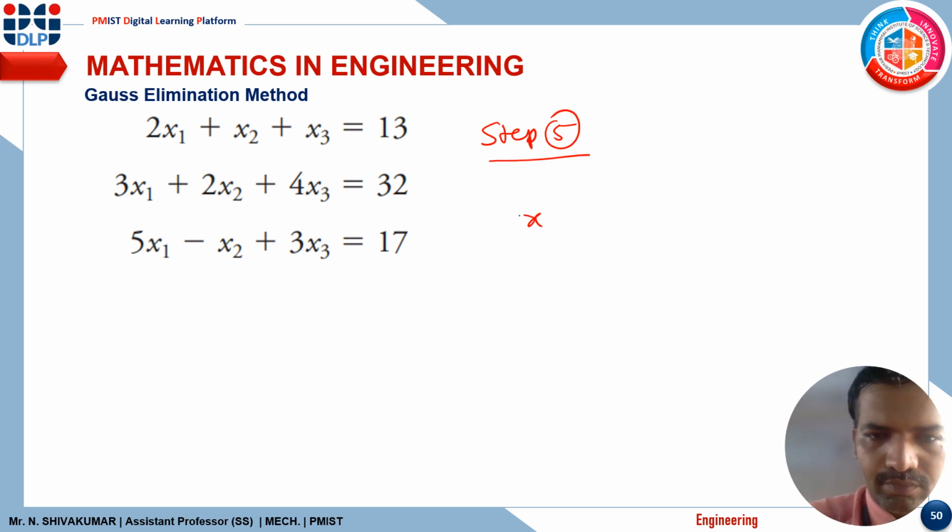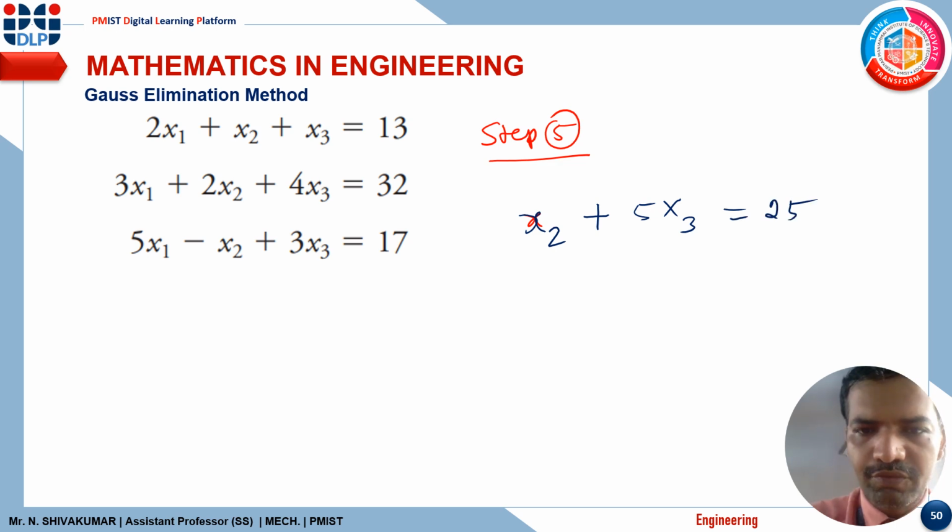x2 plus 5x3 equal to 25. What is the value we found out? x3 we already found out. What is x3?